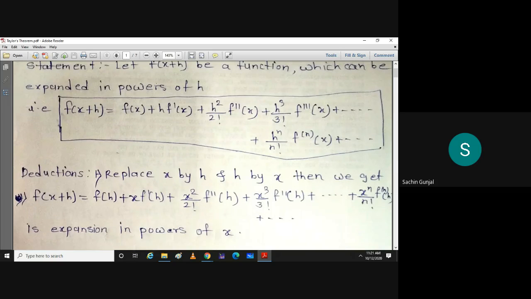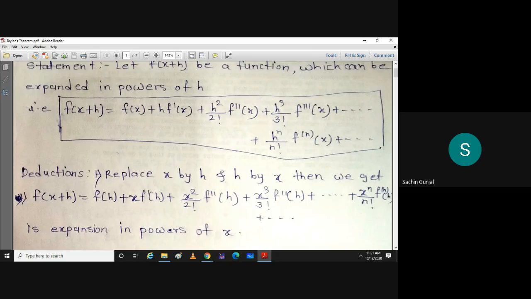This h is not looking good, so let us change the roles of h and x. If you replace x by h and h by x, we will get the expansion of f of x plus h in powers of x.